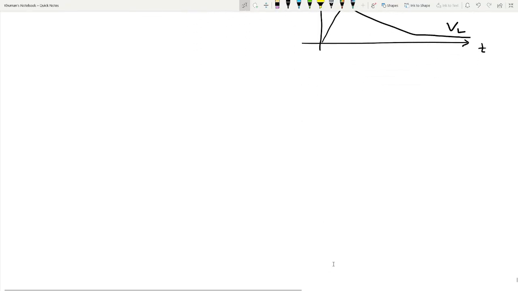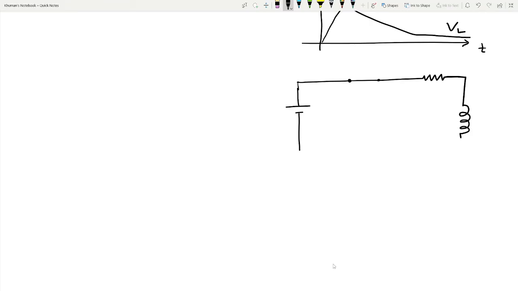Okay, then in the next case, first we consider a series RL circuit connected to a voltage source Vs. So this is Vs, this is the switch, this is R, this is L. This switch has one terminal and another is two terminal.